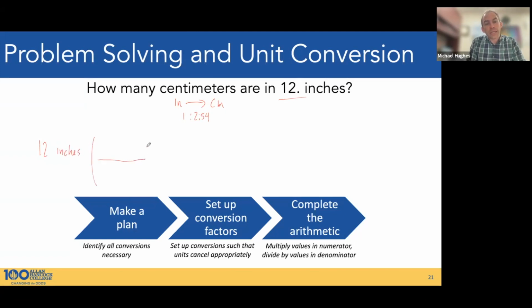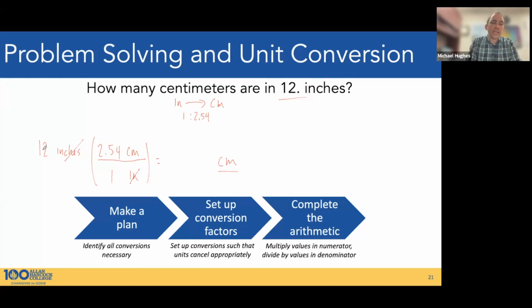Then we want inches to go away. We want it to cancel, and we want centimeters to come out. We go back to our conversion guide and remind ourselves that there is 2.54 centimeters in every 1 inch. Inches cancel with inches, and centimeters comes out as the unit that we want.